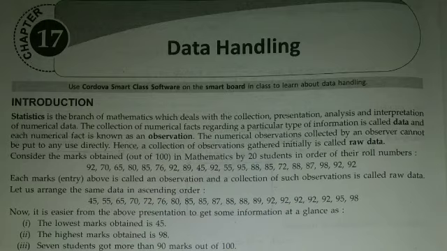Okay. Then we arrange the same data in the ascending order. Firstly, our list is given according to the students' roll numbers. Okay. But after that, we have to arrange them into ascending order. So it is very easy to find out who has the lowest mark, or how much marks the student having the lowest has.